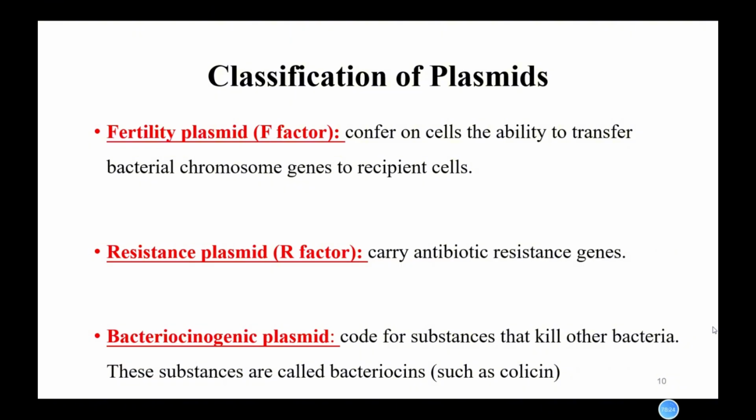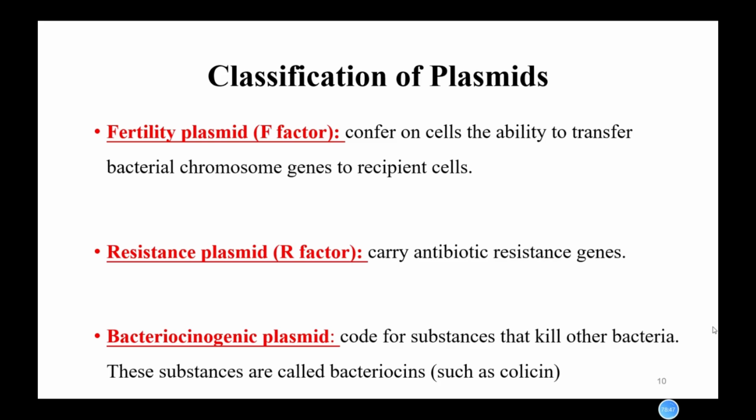So that's the fertility plasmid, or for short, we call them F factor. Resistance plasmid means that they carry antibiotic resistance gene. While bacteriocinogenic plasmid means that this plasmid carries the gene to produce bacteriocins.